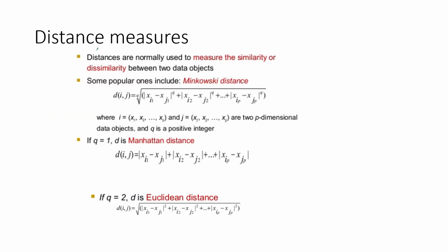Next, we are going to see the distance measures. The most commonly used distance measures are Minkowski, Manhattan, and Euclidean. In all these distance measures, numerical formulas are used: the difference, square root, and calculating the absolute value. So these mathematical formulas are directly used. This is useful for data which are numerical.